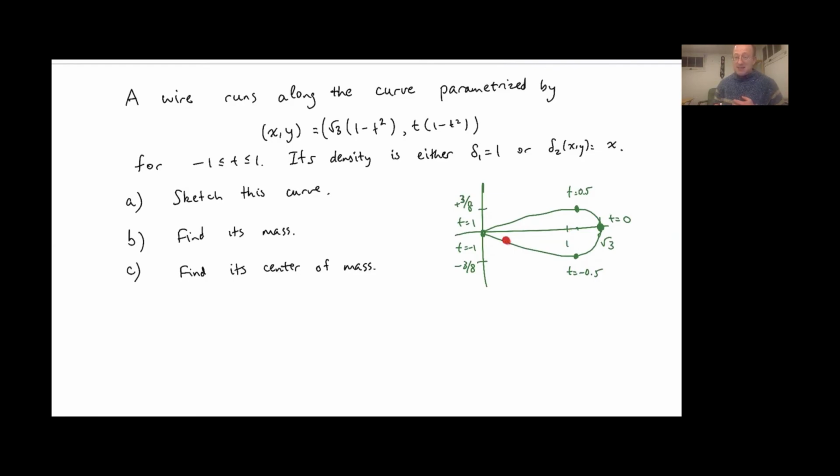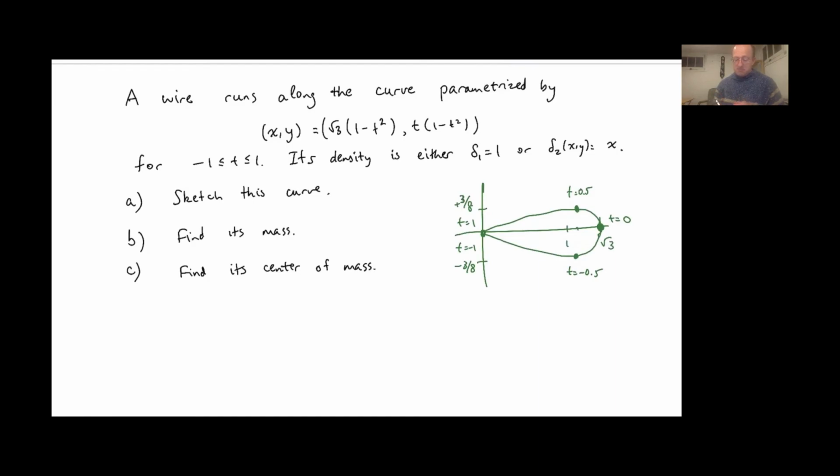When the density is x, that means that the wire is very light near the origin and heavier on the right-hand side. So I would expect that center of mass to be pulled even more to that side. And this curve is symmetric, top and bottom, and these densities don't vary based on y.